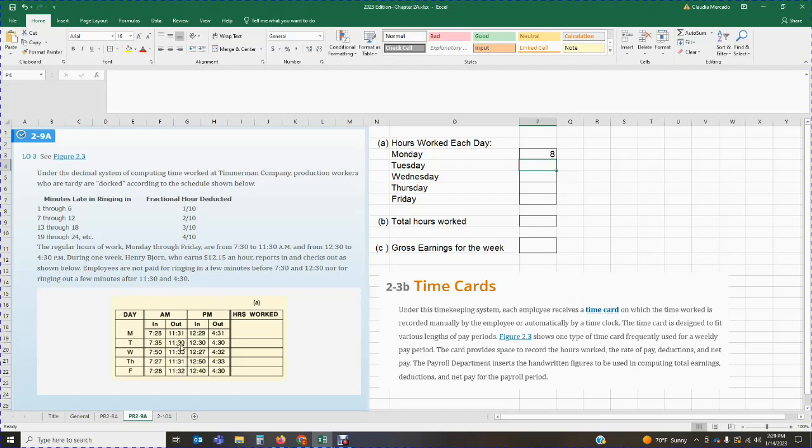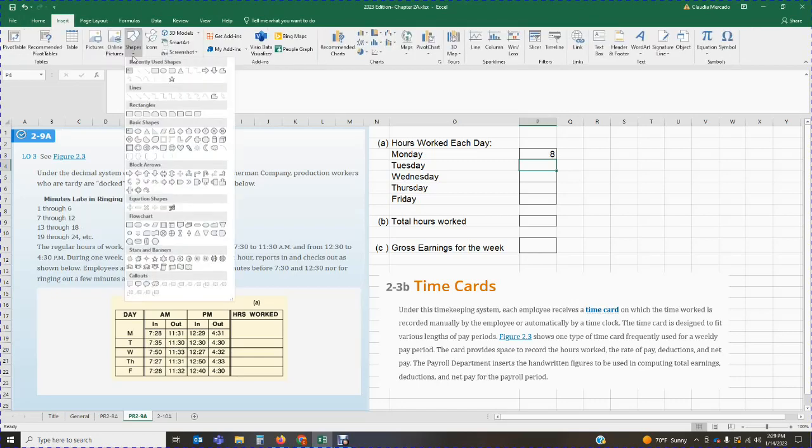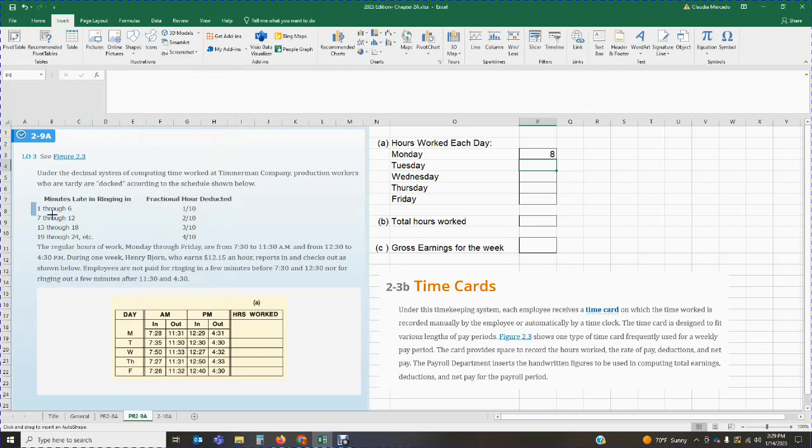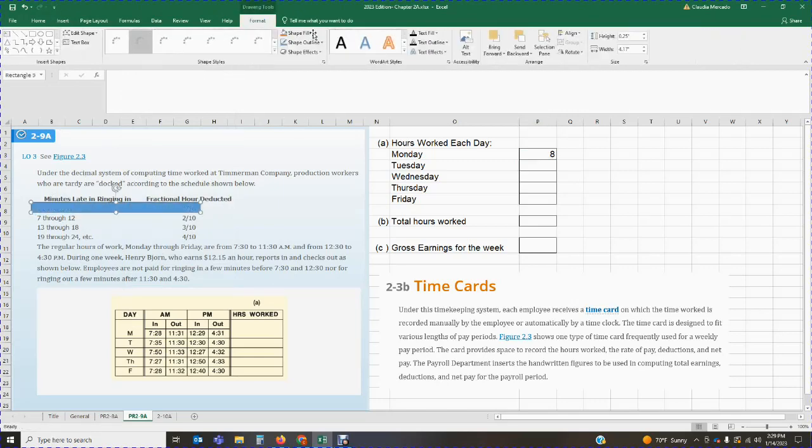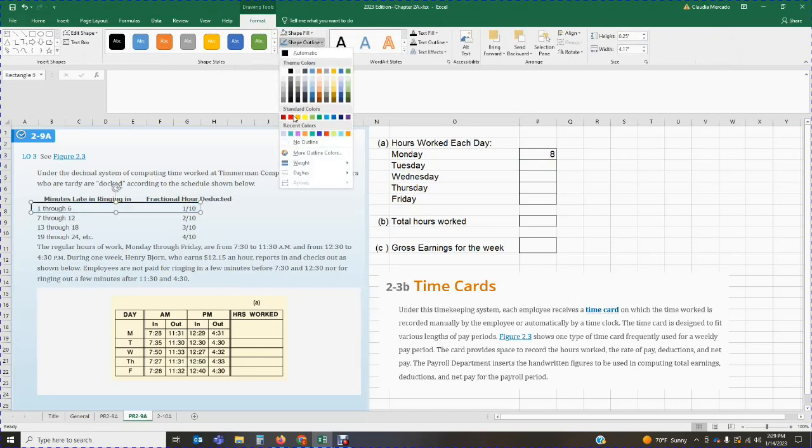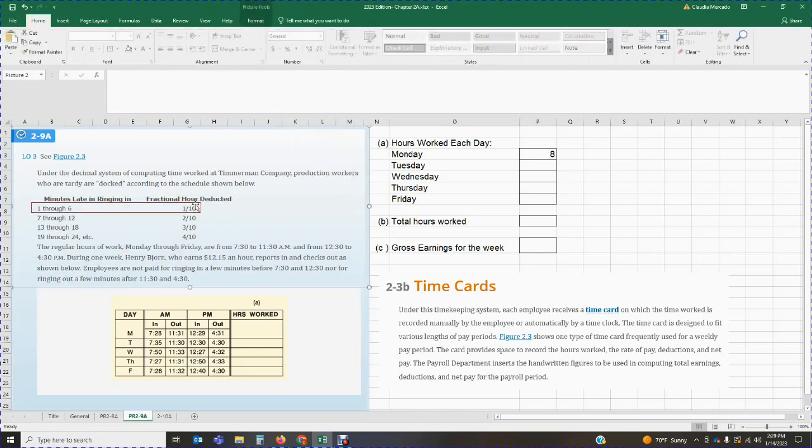He clocked out at 11:30, which is perfect. Clocked back in at 12:30, which is excellent. And then clocked out at 4:30. So everything was done right, just that he clocked in 5 minutes late, which means he's going to get penalized. He's 5 minutes late, so the tardiness will be the 1/10.